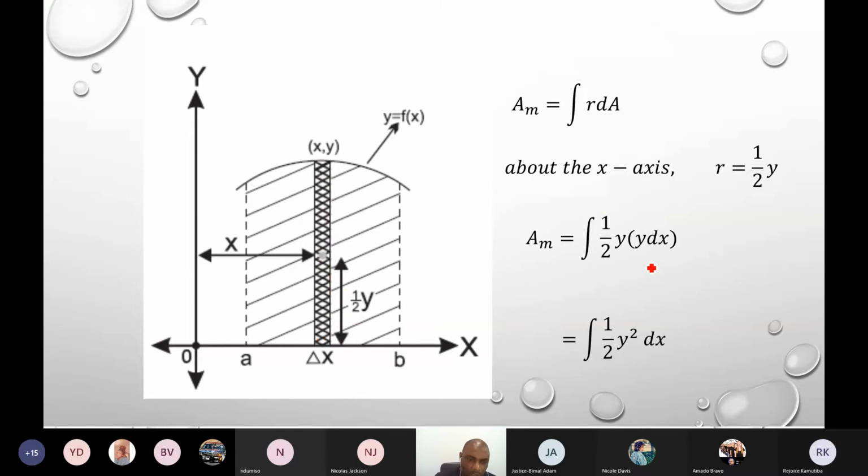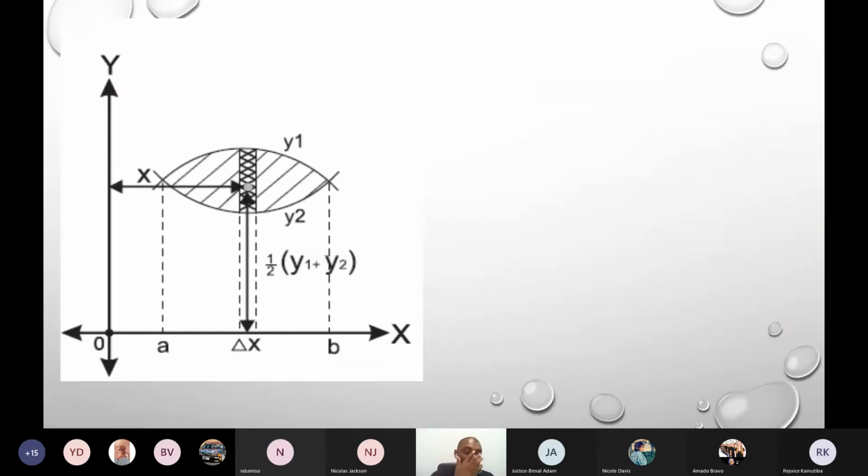Now, this graph here is two graphs, not one graph. The top is y1, the bottom is y2, and still we're talking about limits in the x-axis.